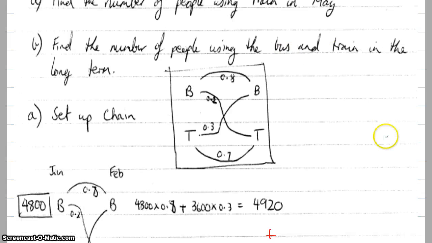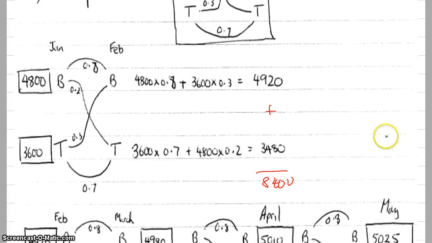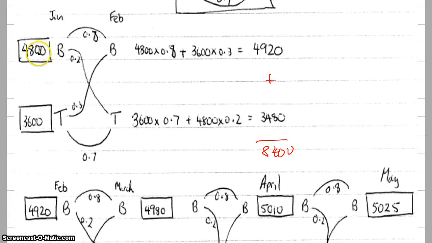Now the reason this is important is because, as we saw in the previous video, the number of people using the bus was increasing, but the amount of the increase was actually decreasing. It went from 4,800 to 4,920, so it's a 120 increase, then a 60 increase, then 30, then 15, and then it would be a 7.5 increase.